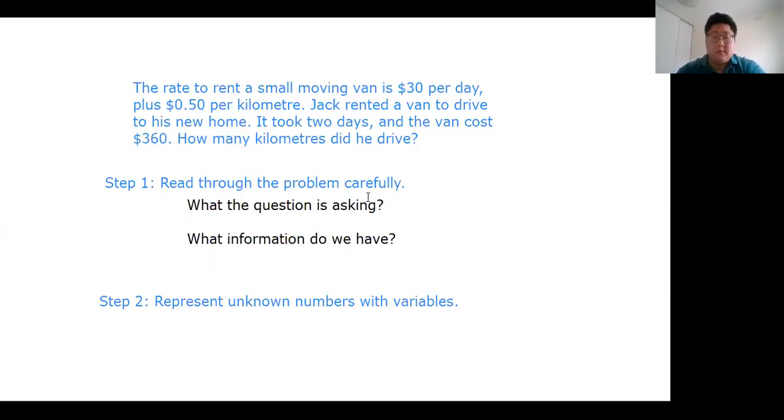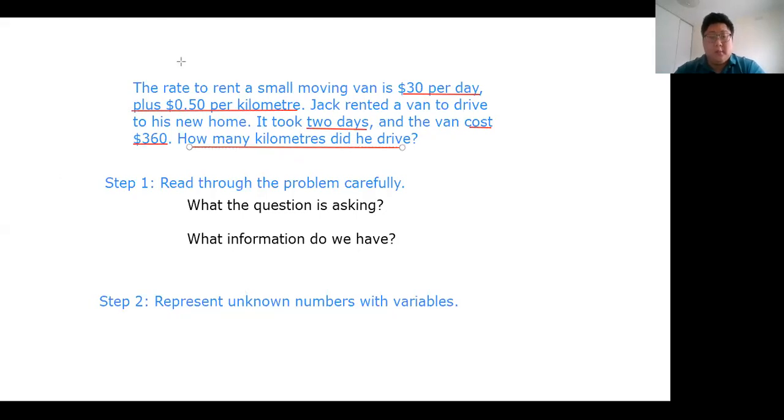Okay, so from that, I'm just going to underline all the things that we know. So we know that it's $30 a day, and on top of that, we have 50 cents per kilometer. All right, and the total time is 2 days, and the total cost is $360. And then what is the question asking? It's asking us how many kilometers did he drive?